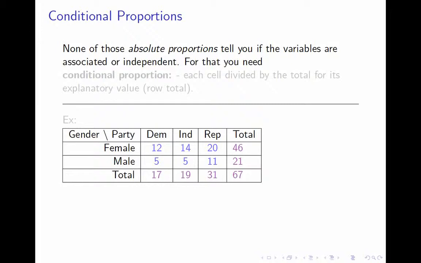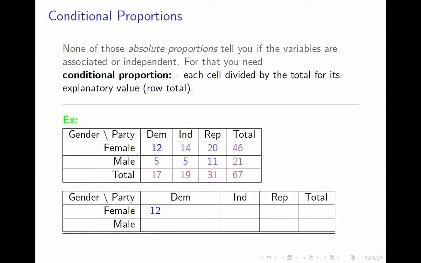For that, you need conditional proportions. What's a conditional proportion? It's a proportion given by dividing each cell by the total for its row. When I say the total for its row, I'm basing that on the convention that the rows are explanatory variables. So it's each cell divided by the total for its value of the explanatory variable.